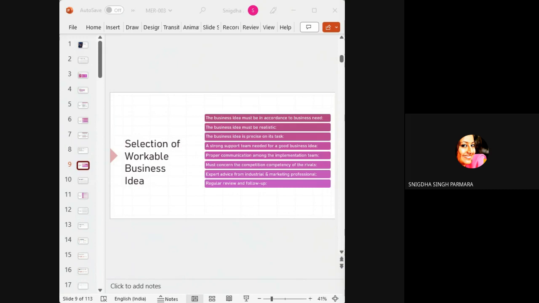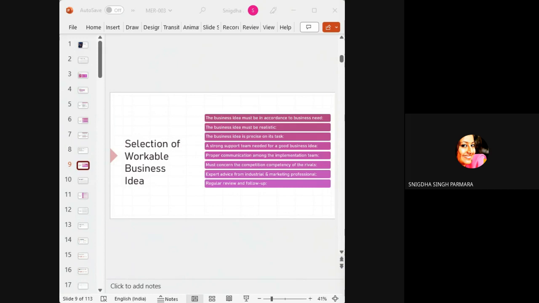A team. It's not one man's job. A team is going to do it. Proper communication among the implementation team should be done. Communication and coordination becomes a very integral part of a workable team, of a workable organization. So there should be proper coordination, there should be good communication among the team members.